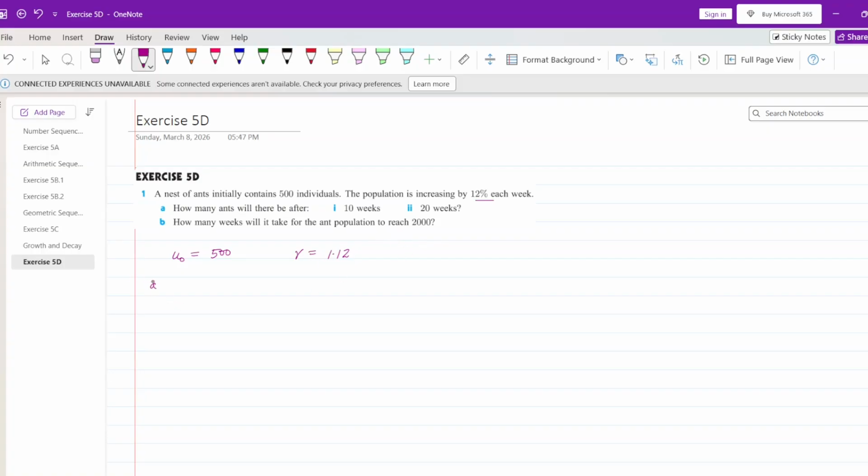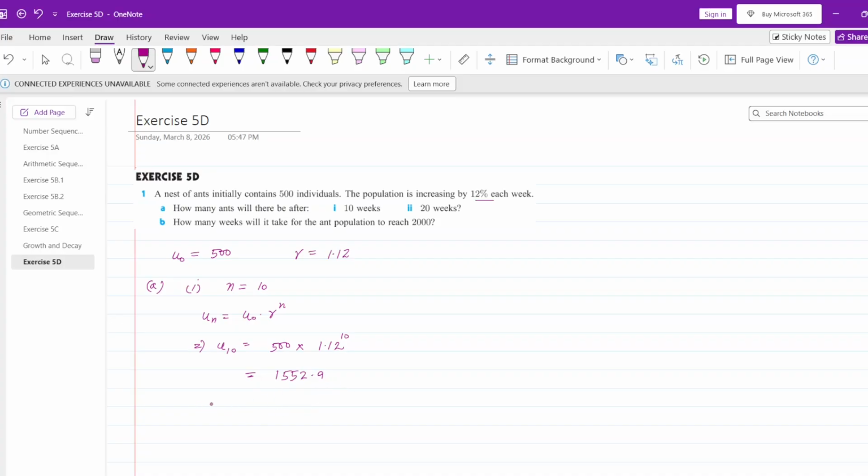Now the question says for A, number 1, n is 10. So un is going to be u0 times r raised to the power n. So u10 is going to be u0, that is 500, times r, that is 1.12, raised to the power n. N is 10. So this is going to be 1552.9.